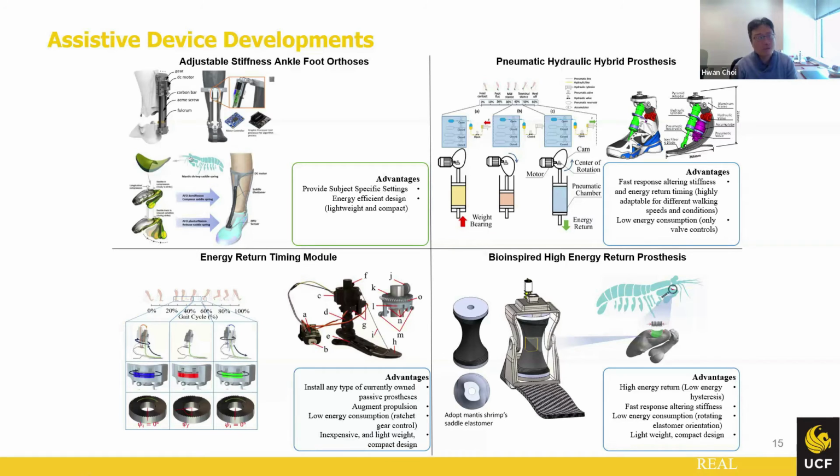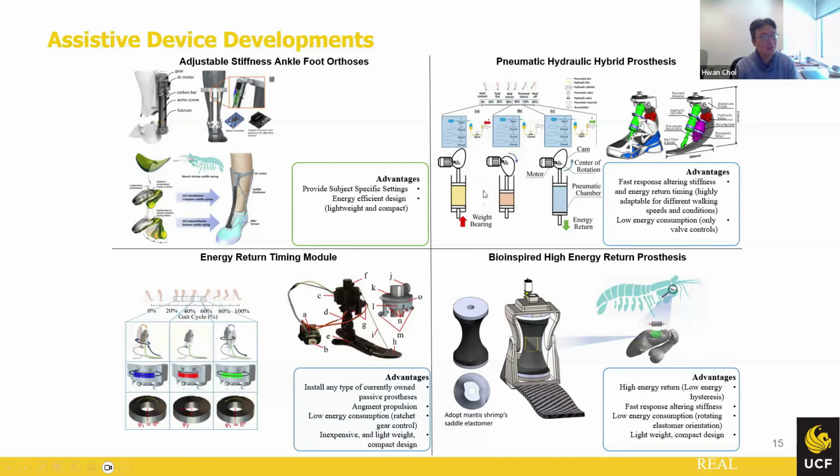So when the carbon fiber beam is bending, by simply closing the valve, we can capture the energy from the deformation of the carbon fiber beam. And then this force is transmitted to the pneumatic system.